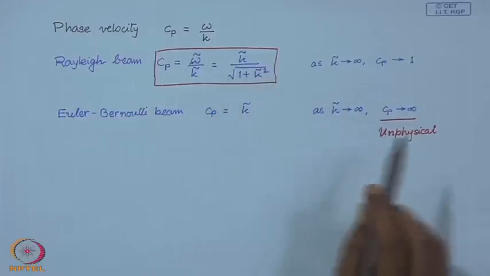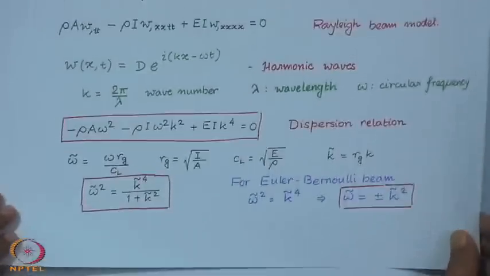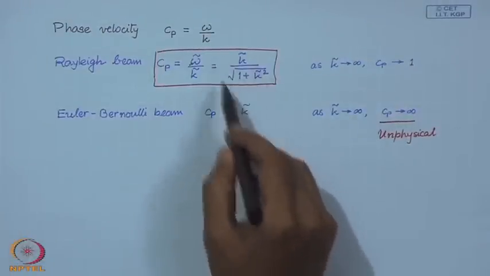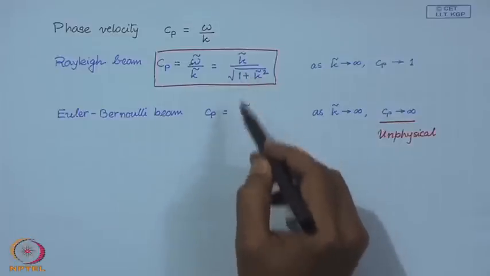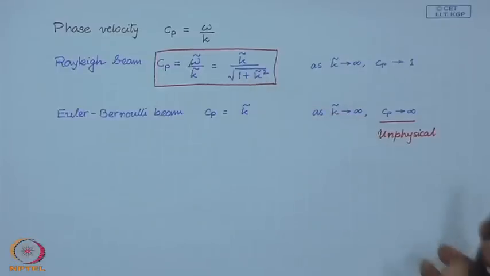The other thing that you must note here, you see the wave speed is a function of, in both cases the wave speed, the phase speed is a function of the wave number.